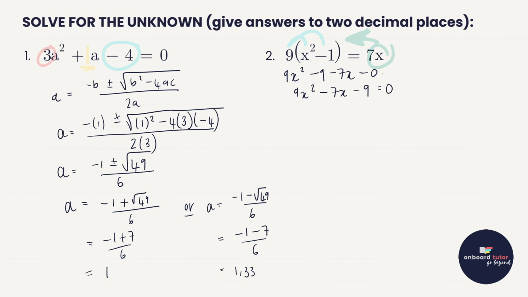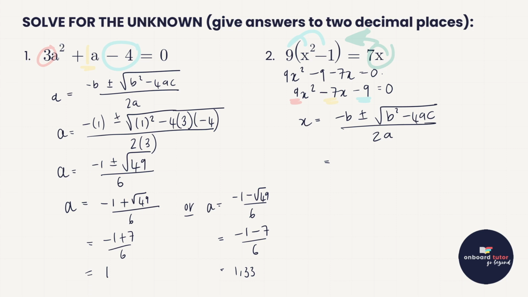And I'm now ready to have a look at a, b, and c values. So a is 9, b is minus 7, and c is minus 9. Let's work that out. In this case, the unknown is x. So x is equal to, and we can put down our formula, minus b plus or minus the square root of b squared minus 4ac, all divided by 2a.